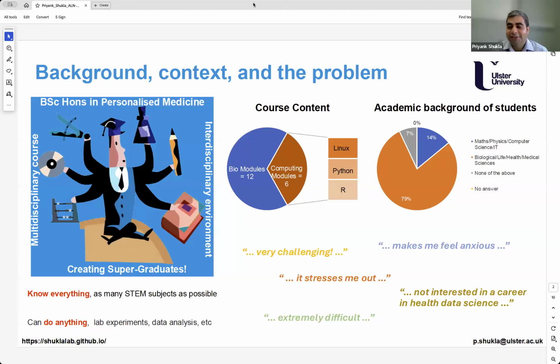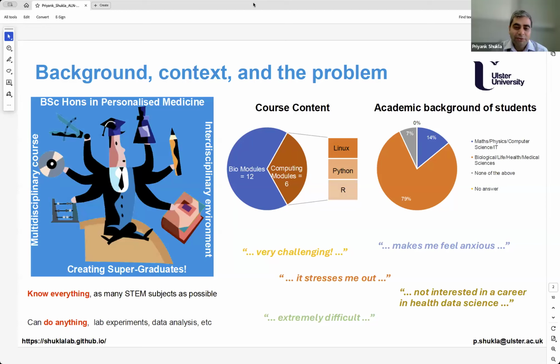I sort of criticize in a positive way that we are trying to create super graduates, who should be able to do everything and almost anything in the context of life and health sciences. So they should be able to do the lab experiment and not only generate data, but should be able to analyze data, and analyze not just with Microsoft Excel or SPSS, but actually should be able to code, write programs.